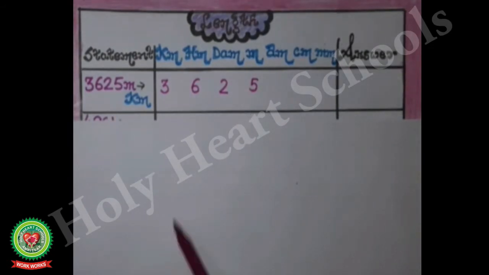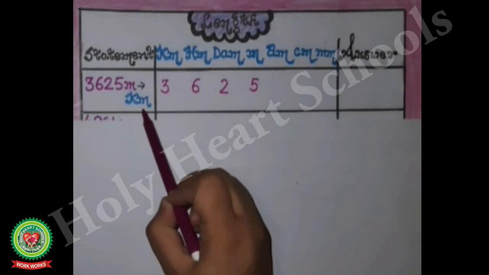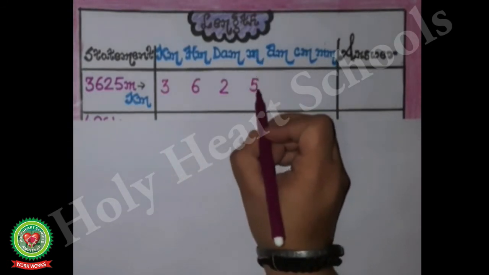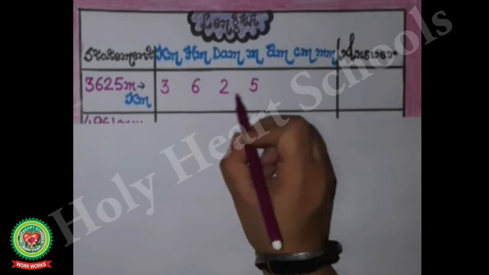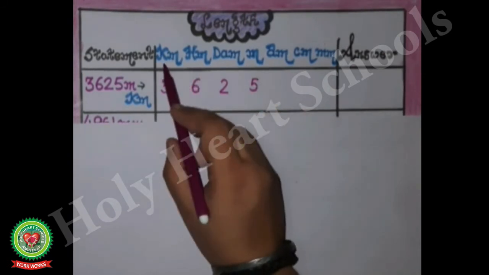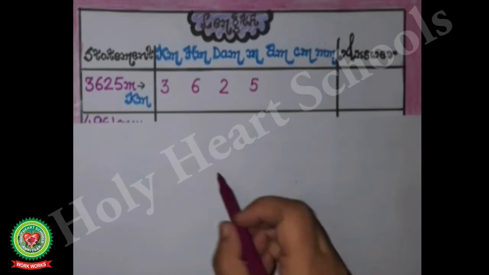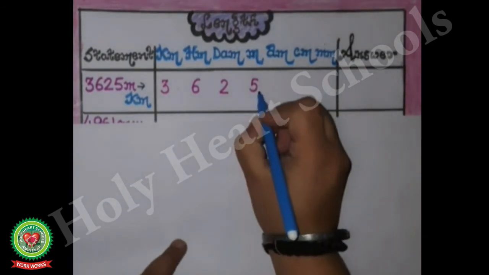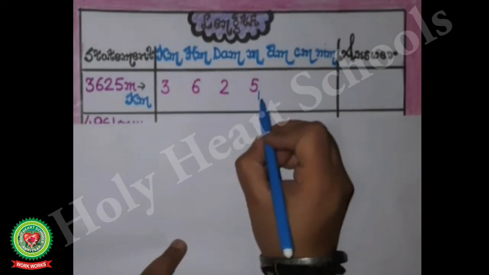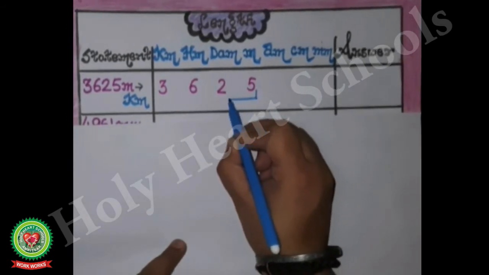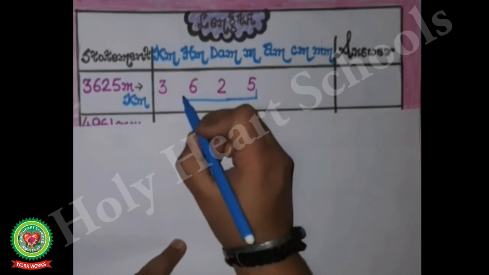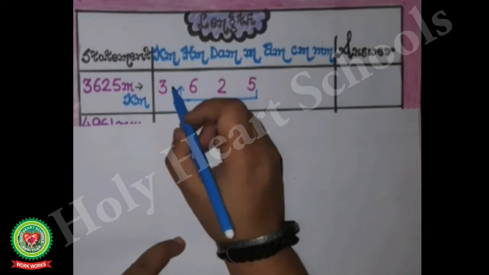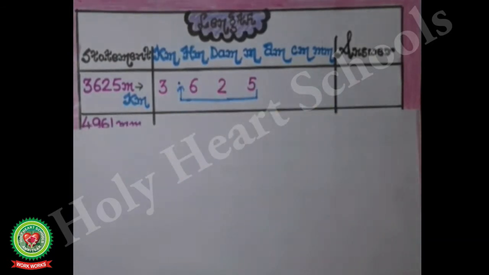Now second step is we have to convert this number into kilometer. So students, here the given statement is in meters and we have to convert the statement into kilometers. So that means we are going back. So in this case, first of all, you will make one arrow in this way and here one decimal will come.